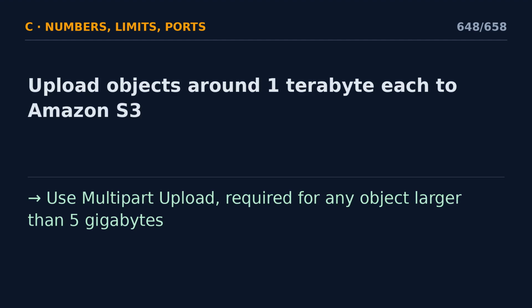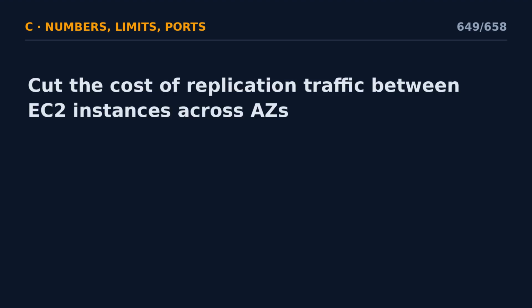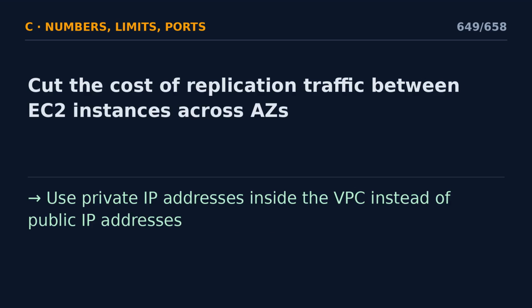Answer: use multi-part upload, required for any object larger than 5 gigabytes. Cut the cost of replication traffic between EC2 instances across availability zones. Answer: use private IP addresses inside the VPC instead of public IP addresses.